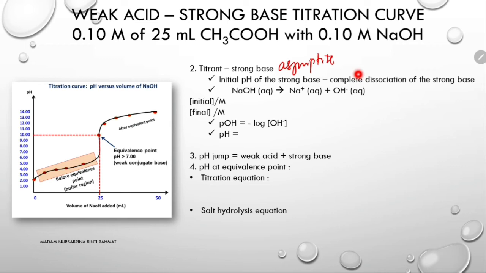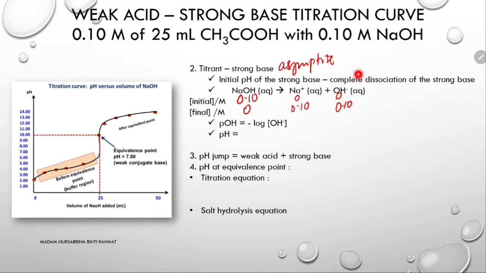The asymptote is the pH which our titration curve will never cross. So we have NaOH, which is a strong base, and it completely dissociates in water. Originally I have 0.10 molar of my NaOH. All of this 0.10 molar of NaOH will be completely converted into Na plus and OH minus.